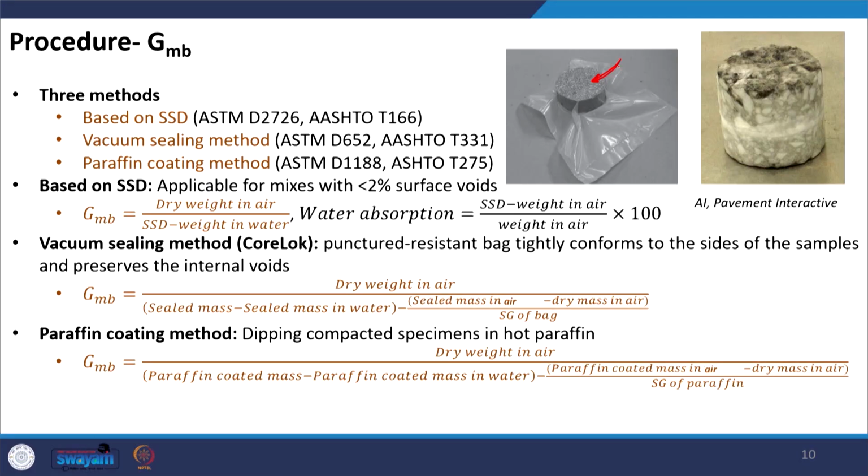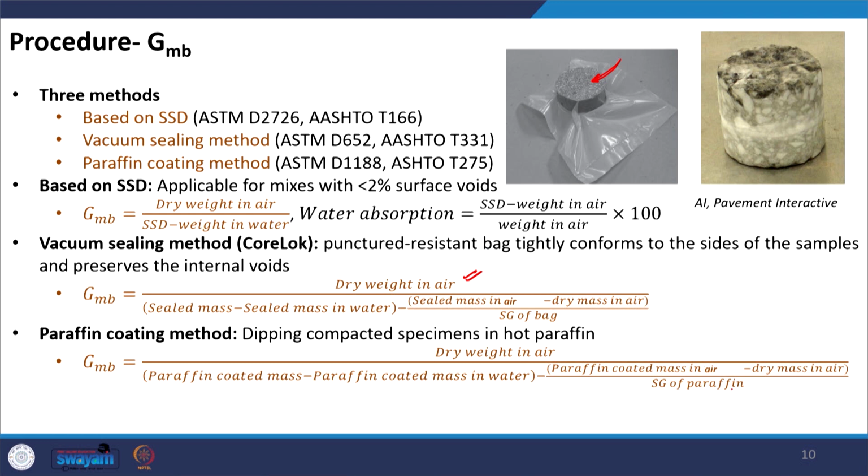If we look at the fundamental calculation, what I want is only the measurement corresponding to the bulk volume of the specimen. When I take a dry weight in air, that is only for the specimen without the polythene bag.